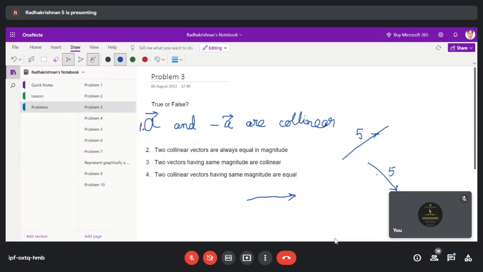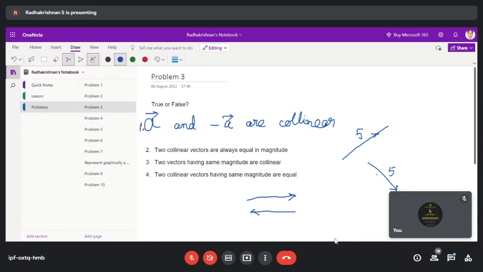And two collinear vectors having the same magnitude. There can be another vector with the same magnitude and collinear, but the direction can be opposite. They are parallel and the magnitude is the same. But are they equal? No, sir.